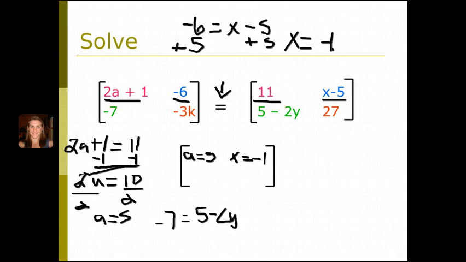Okay, we need to subtract 5 from both sides. -7 minus 5 gives us -12 equals -2y.